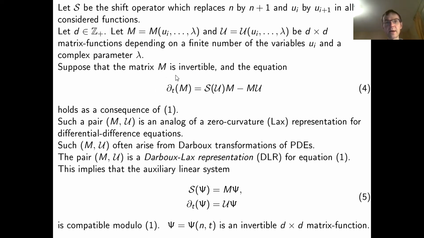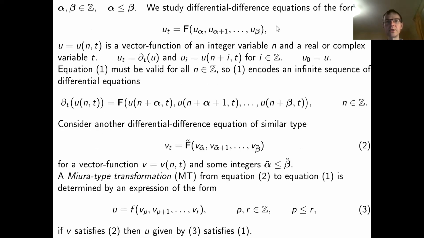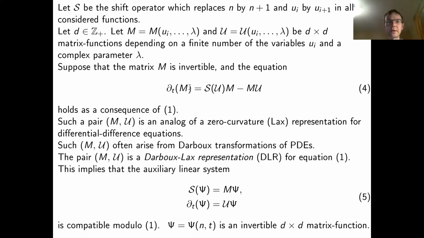And we suppose that M is invertible, and this equation holds as a consequence of (1). And what is (1)? (1) is our initial differential difference equation. So this is an analog of the Lax equation or zero curvature equation in the differential difference case.